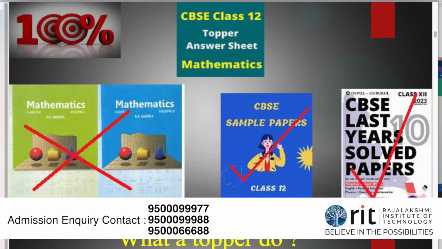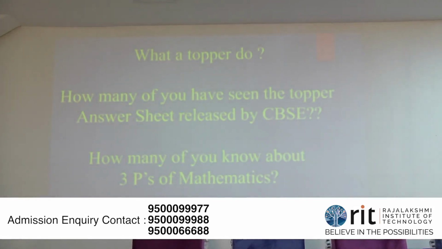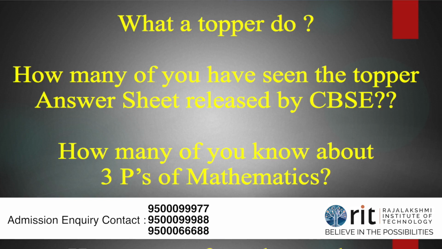Now, moving to the second. There are 3 questions. First, what does a topper do? The second, how many of you have seen the answer sheet released by the CBSE, the topper answer sheet? Anyone?